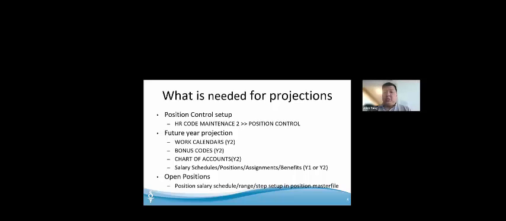The bonus codes and chart of accounts have to be set up. The next set of data, the salary schedules, the positions and assignments, and the benefits master files, you can actually leverage off fiscal year 22 to project for fiscal year 23.